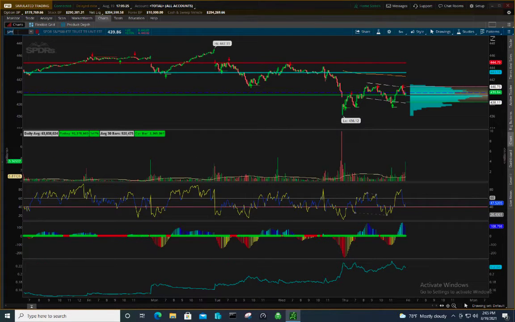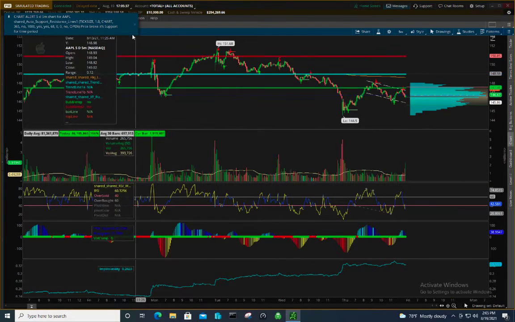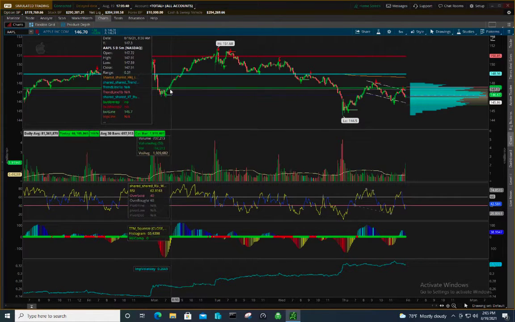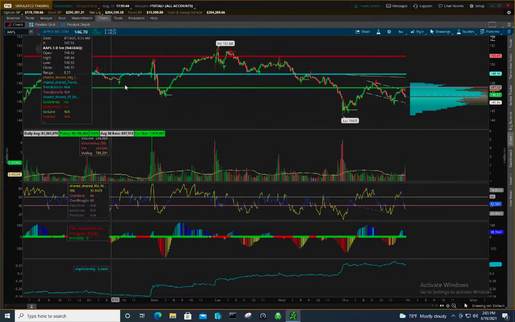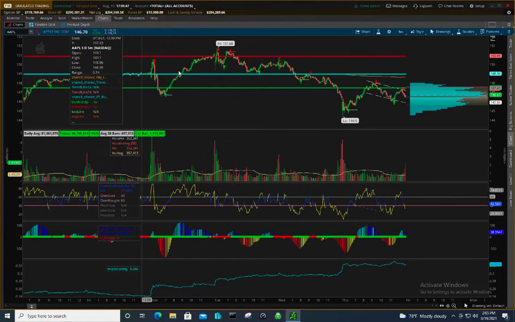Actually, a good example to always understand is to look at the bigger tickers like Microsoft or Apple. If you see Apple, it had support somewhere around 147 for the past 5 days. So it came back around 147, it fell further below, then it went back up.